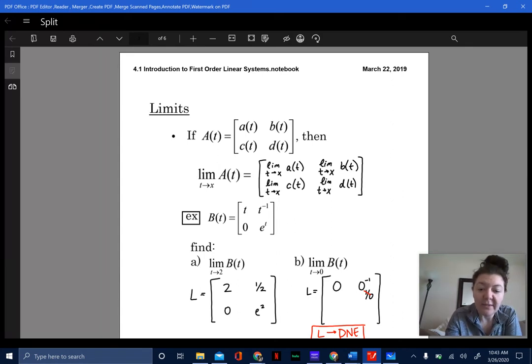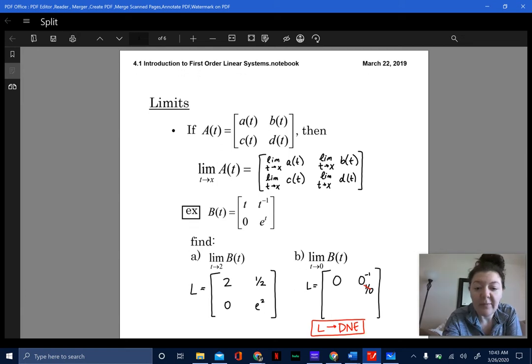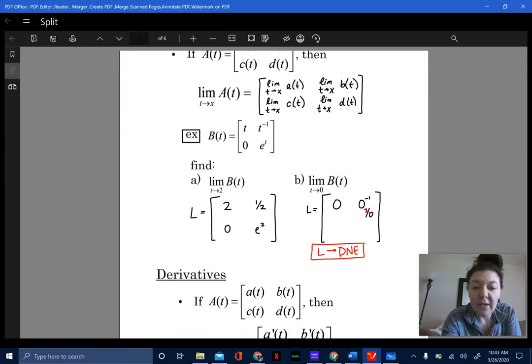What that looks like for B of t right here is that we would want to evaluate the limit for B of t on part A here as t goes to 2. I know this is already written out for you here. You can pause and try this yourself because this is in our notes right here.